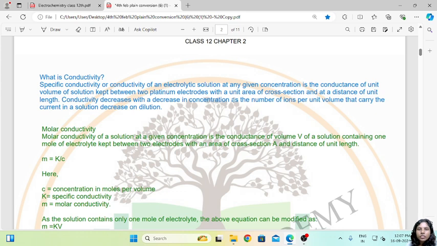When we say concentration, we are talking about the number of ions present. As the concentration increases, the number of ions in the solution increases, so there are more current carriers produced and more current is passed through the solution. Therefore, the conductivity increases with increase in concentration, that is, the number of ions present per unit volume.